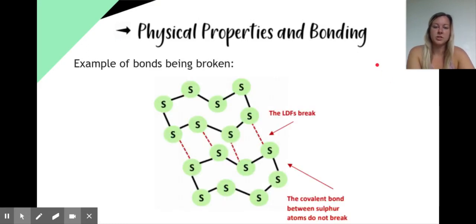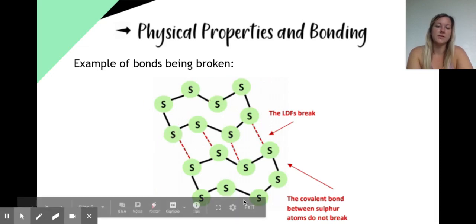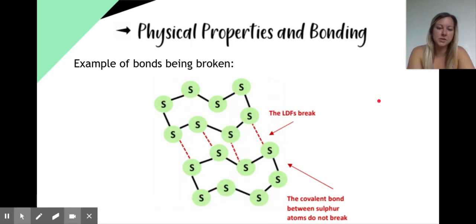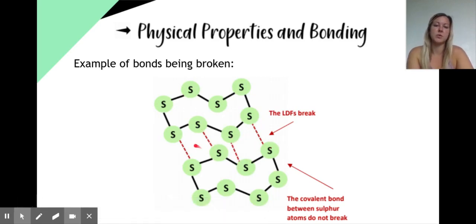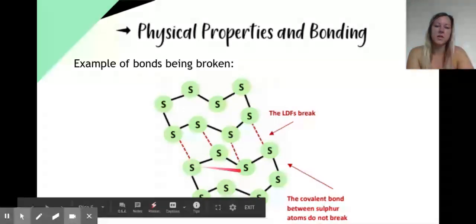So here is just an example of bonds being broken. We have 2 S8 molecules here. Here's the first one, and the second one is underneath. If we were to try and melt solid sulfur into a liquid, it's these London dispersion forces between the 2 molecules, which are represented with the red dotted line, that are going to break when we apply heat.